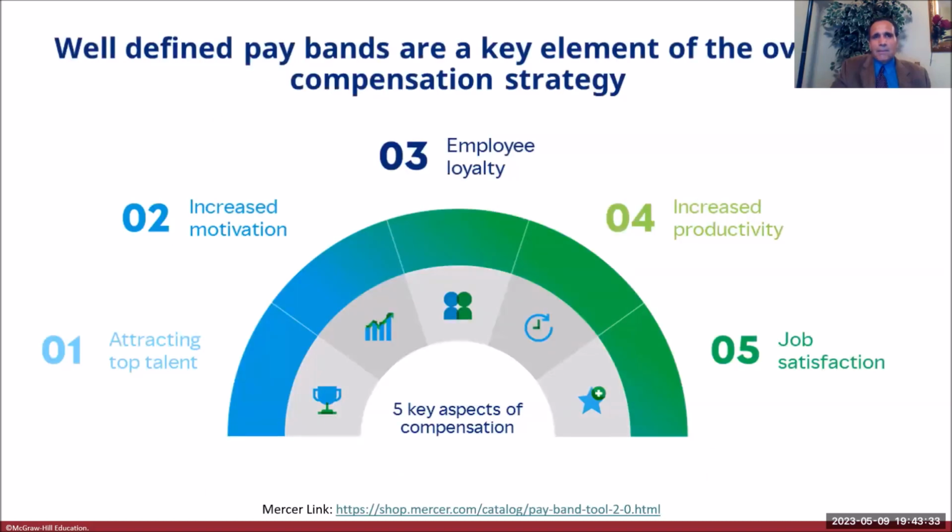So well-defined pay bands or pay grades are a key element of the overall compensation strategy in terms of attracting top talent, motivation of those employees in the workplace, loyalty, their productivity, and their overall job satisfaction. So these are different categories that you can measure on an ongoing basis to see whether people are happy with their compensation or not.